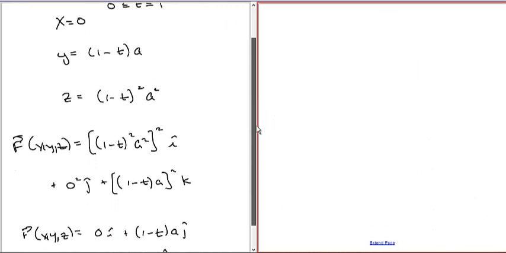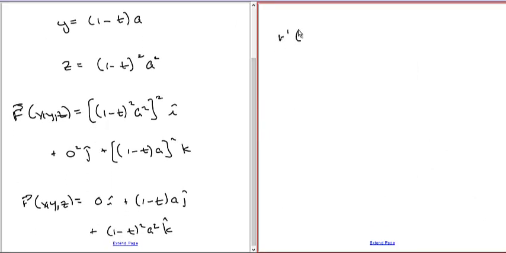And when we take the derivative of that, so we get r prime of x, y, and z. So this goes to 0. The derivative of this with respect to t is negative a, so we get negative a times j. And here we would get negative 2. The 2 comes from the exponent. You get a negative sign from the negative t. So that's where negative 2 comes in, times 1 minus t to the first power times a squared k.